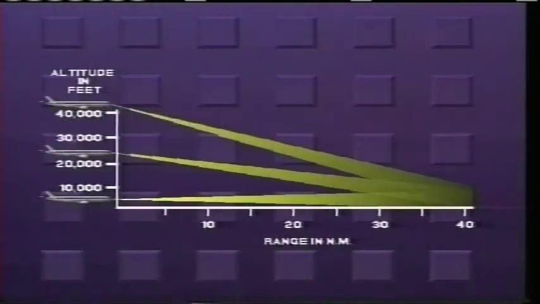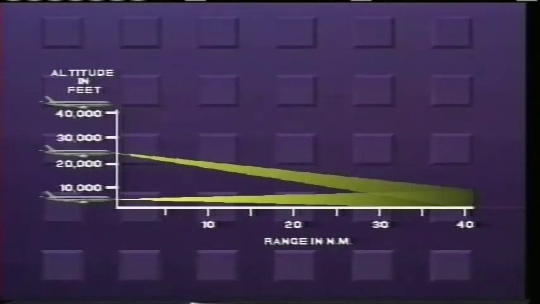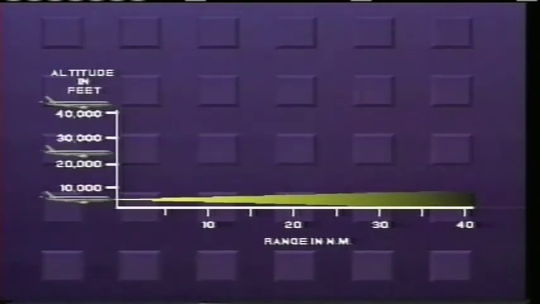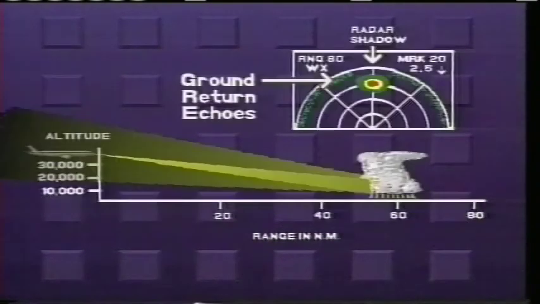On descent, in order to maintain the proper display presentation, it will be necessary to adjust the tilt up approximately 1 degree for each 10,000 feet of reduced altitude. Weather evaluation of the terminal area should begin at about 70 miles out. This evaluation should include aggressive use of the tilt control to assess the intensity of any weather targets in the area.